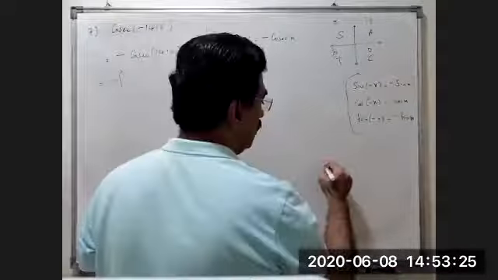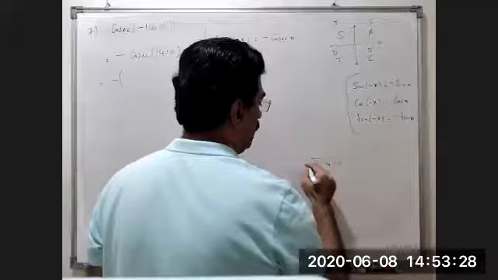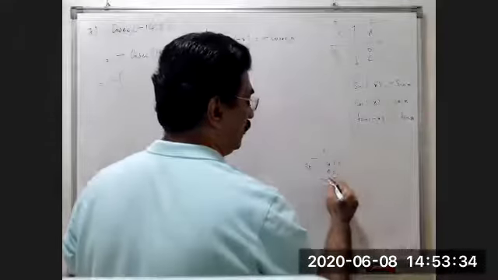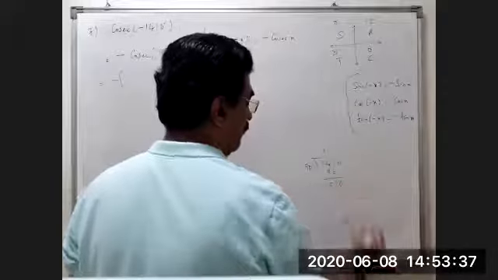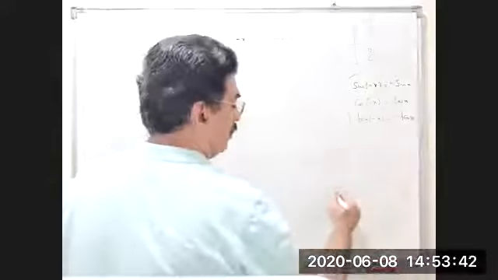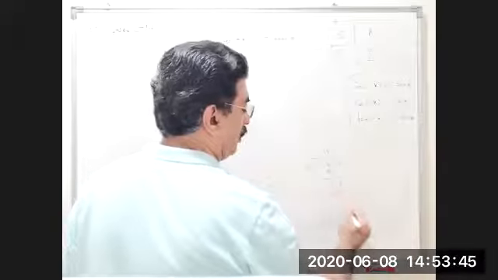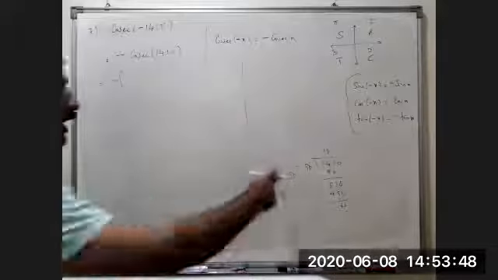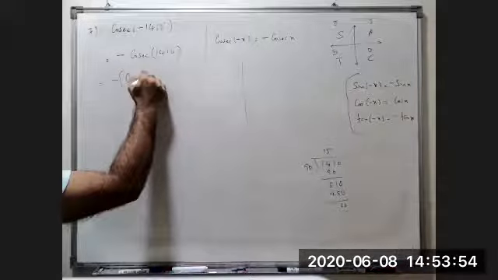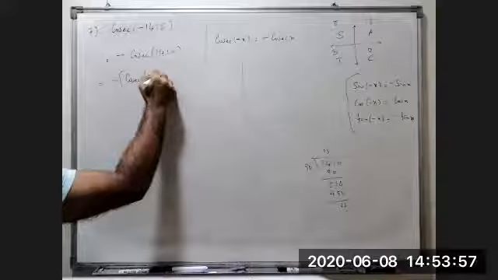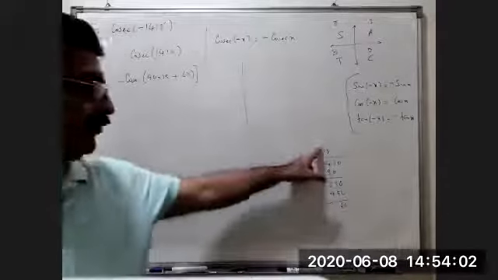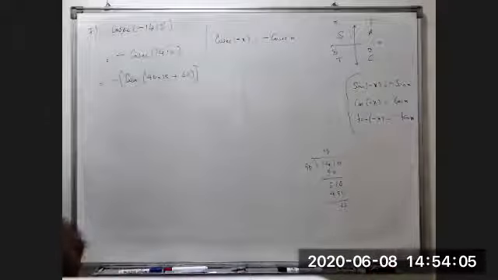Now 1410 divided by 90. 1 time 90, remaining 510. 5 nines are 450, remaining 60. So 1410 is 90 into 15 plus 60. So this is cosine of 90 into 15 plus 60. 90 into 15, remaining balance is 60.